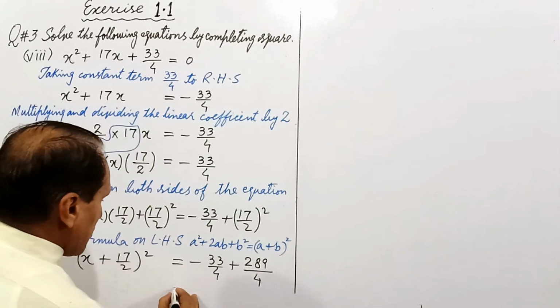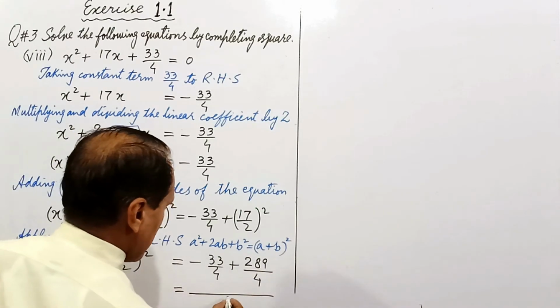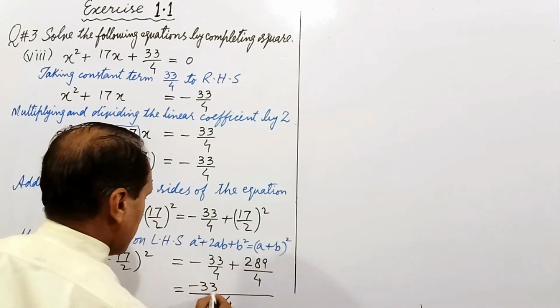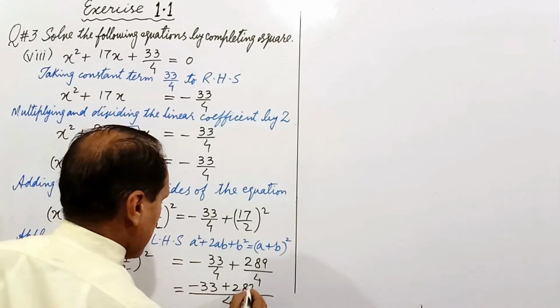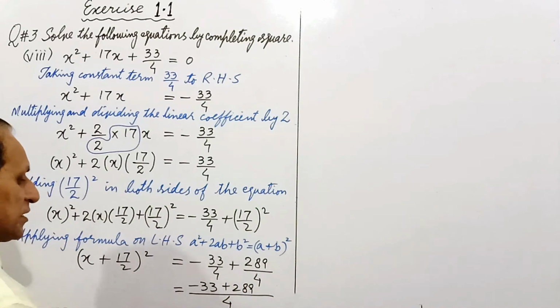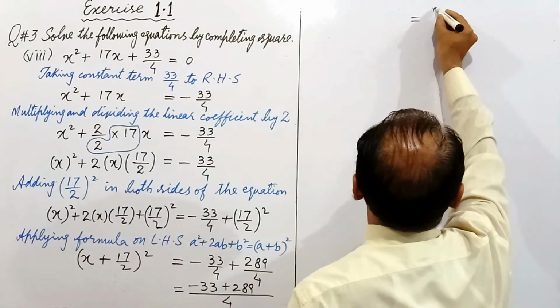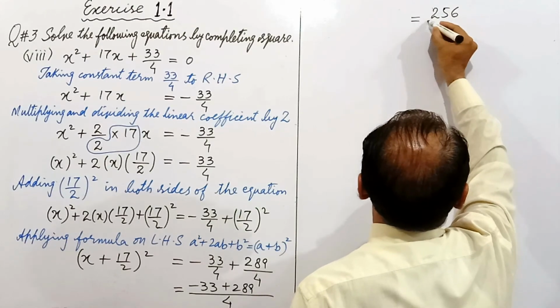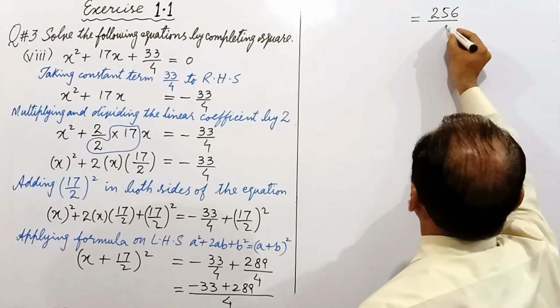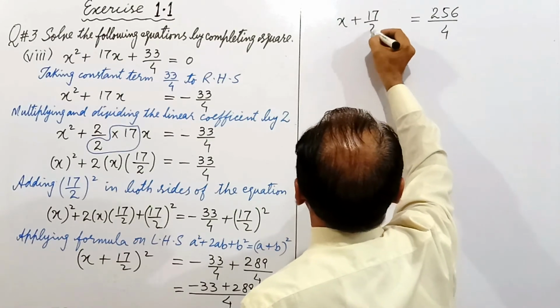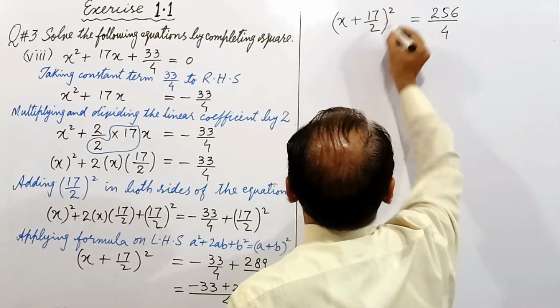We use the standard procedure of LCM as the denominators are the same, that is 4. We write the numerator as they are, minus 33 plus 289. 289 minus 33 is 256. We carry in the next step 256 divided by 4. And on the left hand side, we have x plus 17 over 2 whole square.